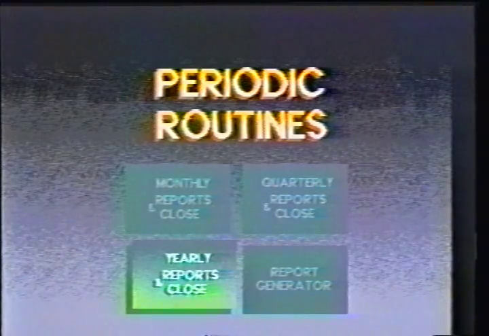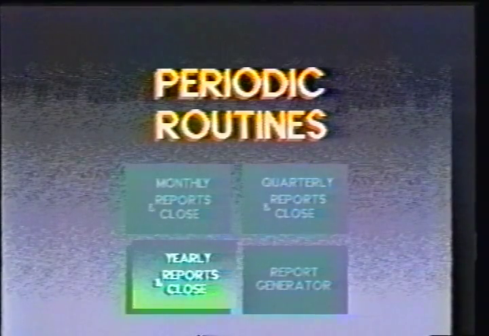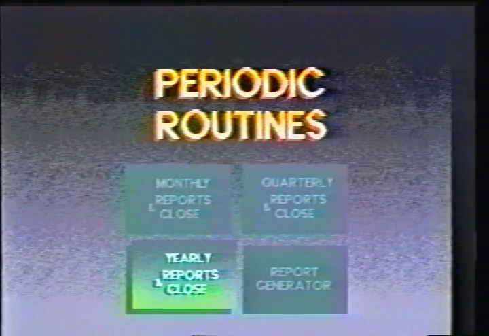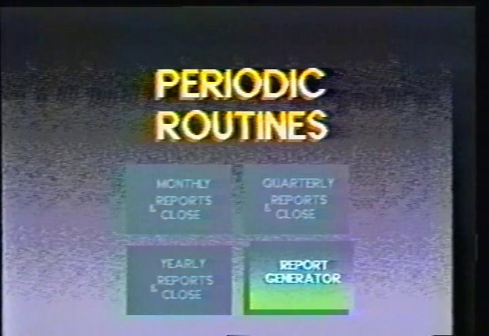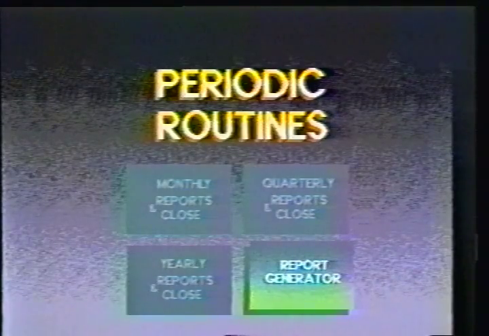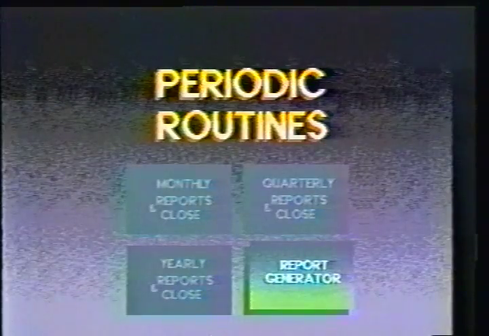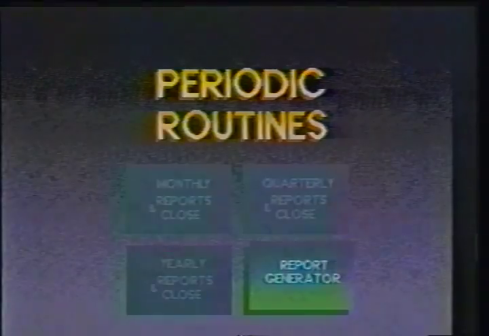Likewise, at the end of the year, run the annual reports that are required, such as W-2s and 1099s, and then make a backup and close out the year. And finally, at any time during the year, you may utilize the DacEasy Payroll Report Generator to produce comprehensive, up-to-the-minute reports on your company's payroll.